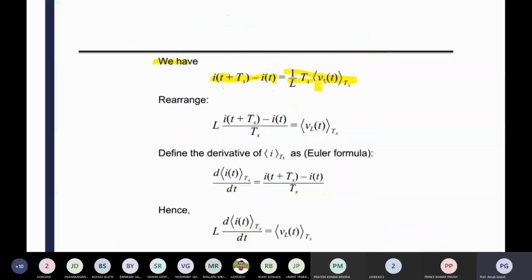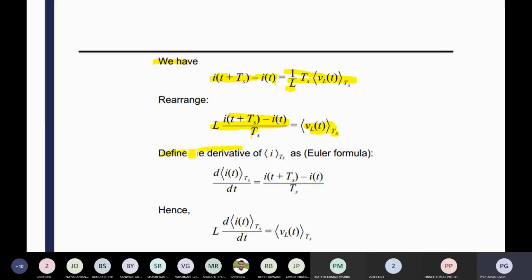So we can replace that value, as I have already discussed how we get it. L is multiplied over here, and the Ts cross-multiplication: the denominator term, when cross-multiplied, comes to the numerator, and Ts moves to the denominator, so we get the average value of vL(t) over Ts.